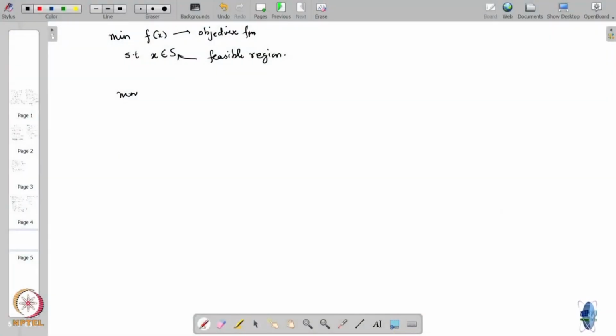So the way we write it is this. We write: minimize the function f such that g_i of x is less than or equal to 0 for all i ranging from, say, 1 to m, and h_j of x is equal to 0 for all j ranging from 1 to p.